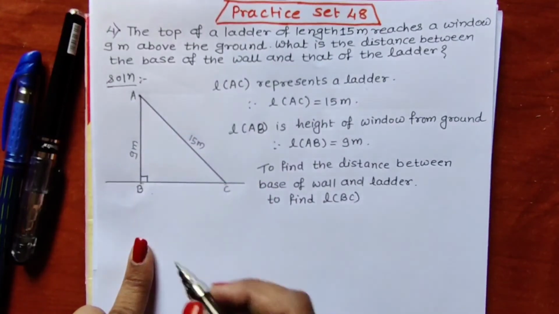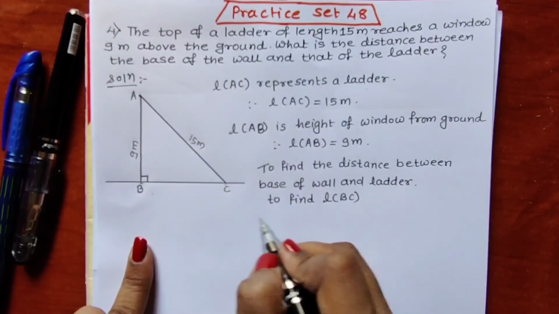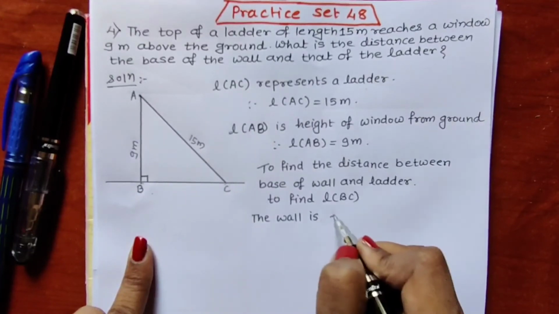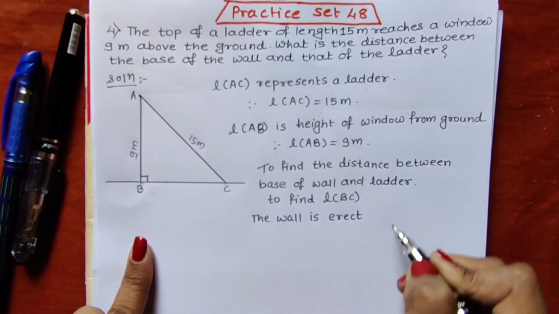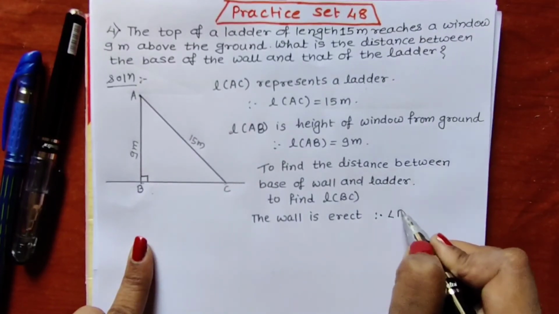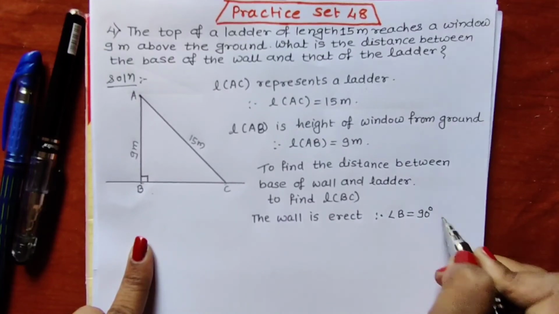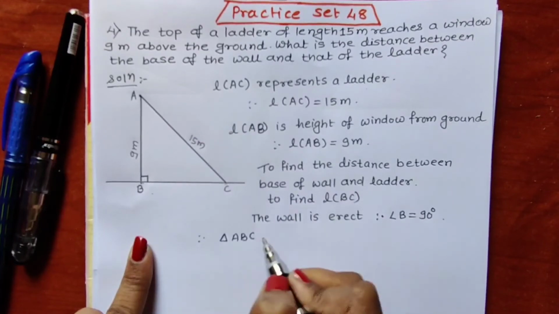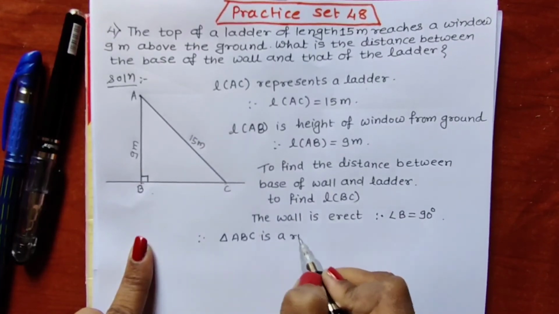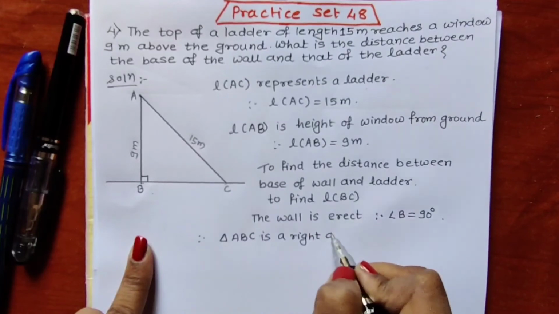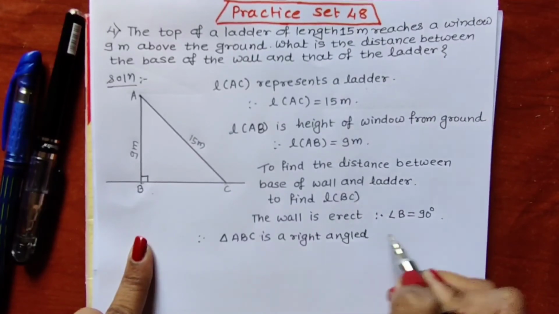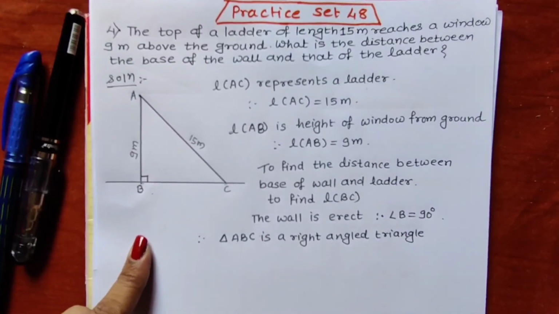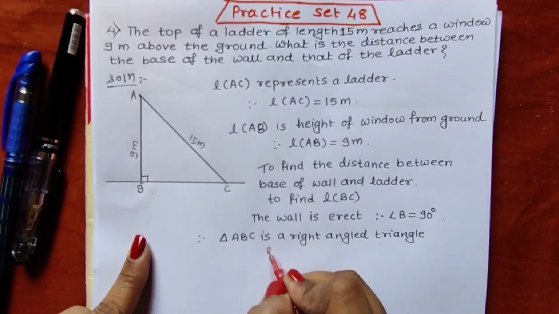We directly write that the wall is erect, and therefore angle B is equal to 90 degree, and therefore triangle ABC is a right angle triangle. Now when we write a right angle triangle, what should be written? By Pythagoras theorem. So we write here by Pythagoras theorem.